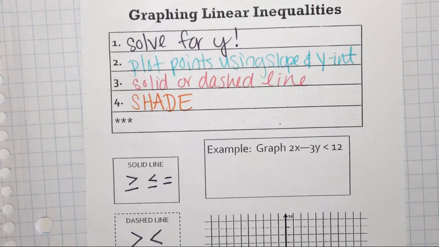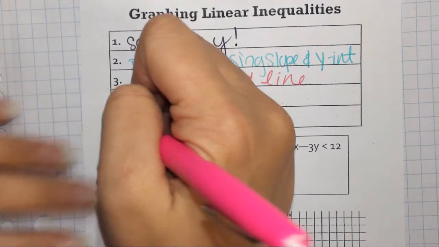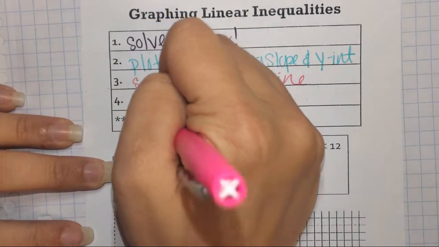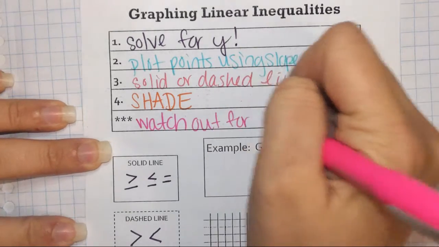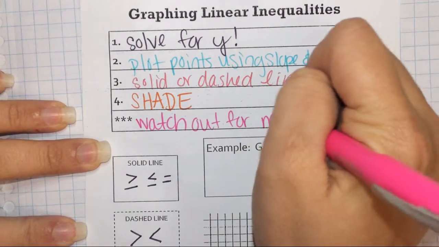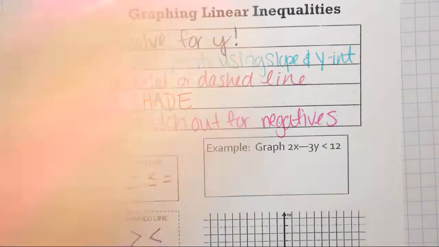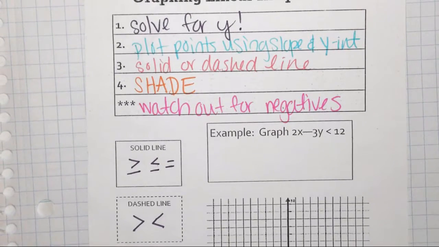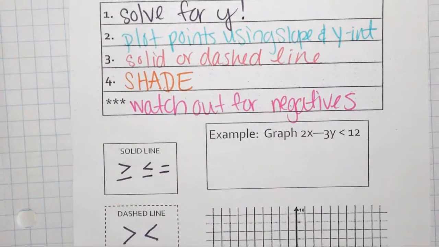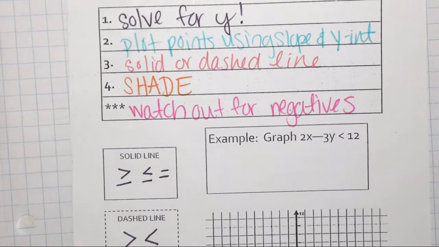Kind of, but it wasn't fractions. Negatives! Watch out for negatives. Because when you have negatives, you flip the sign. Okay. Are we ready to solve a problem and see this in action?